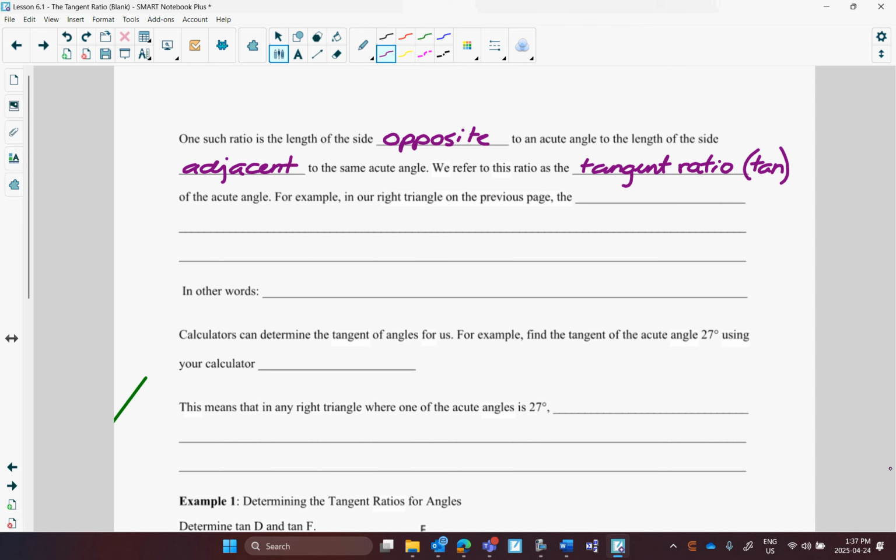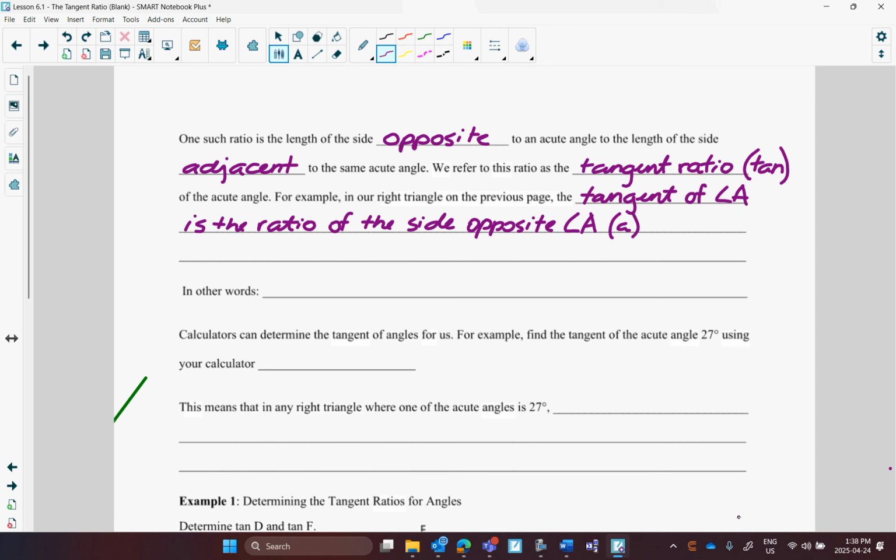So if we looked at that triangle at the top of the page on the previous page where we had capital A, capital B, capital C, and little a, little b, little c, the tangent of angle A is the ratio of the side opposite angle A, which in that figure is little a.